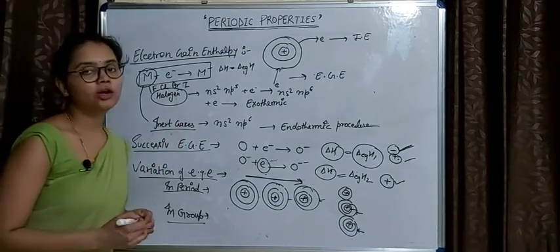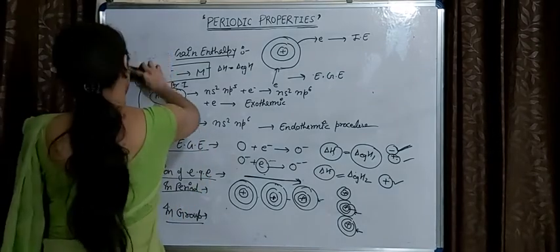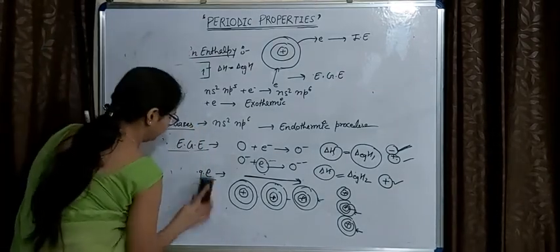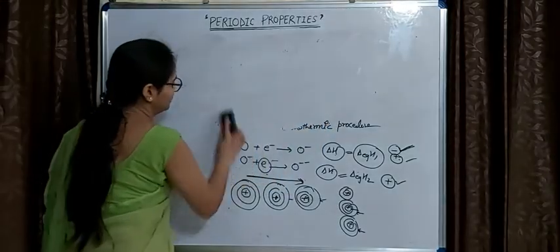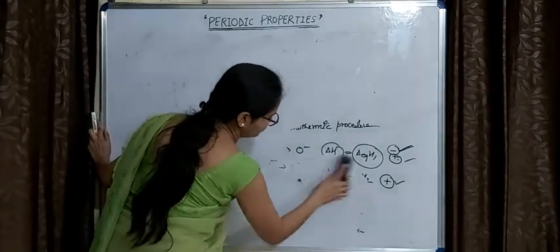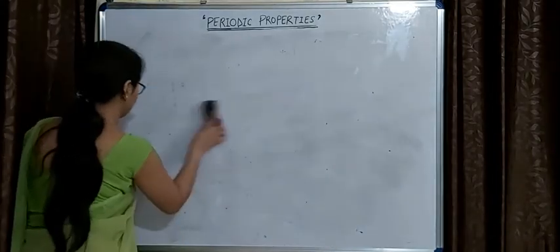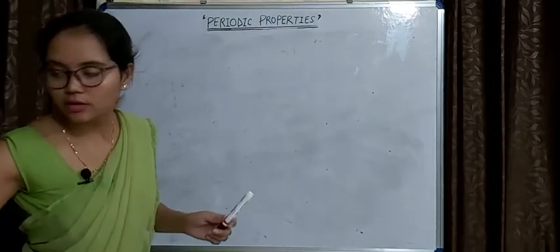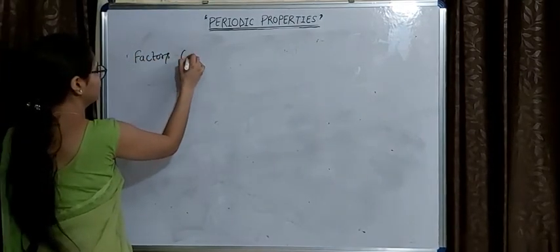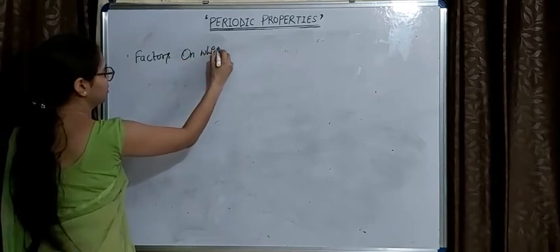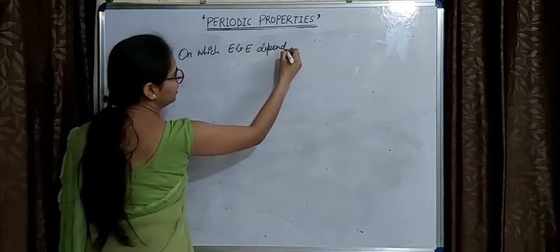Now we'll talk about the factors affecting it. So the next topic is the factors on which electron gain enthalpy depends.